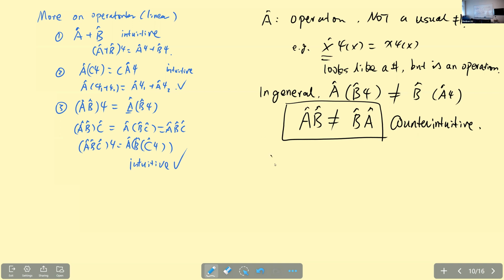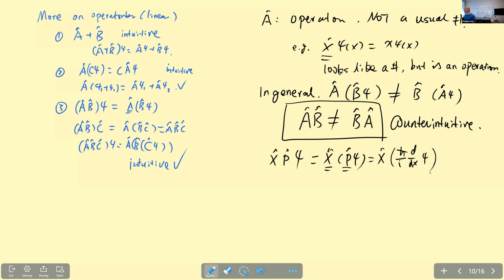Let's consider x and p first. Let me put this on a wave function. We know that this means you act with the momentum operator p on this wave function first, and then the position operator. So that equals h bar over i d over dx.